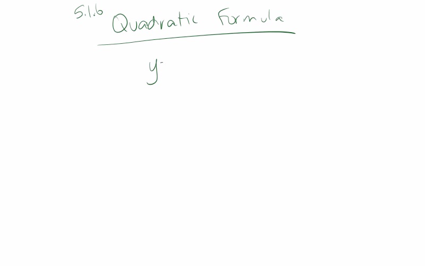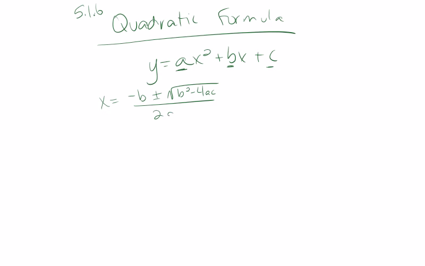So when we look at the standard equation, ax squared plus bx plus c, we have these a, b, and c. That's what we're going to be using for the quadratic formula. So it is x equals, and there's a little song: opposite b plus or minus the square root of b squared minus 4ac, all over 2a.